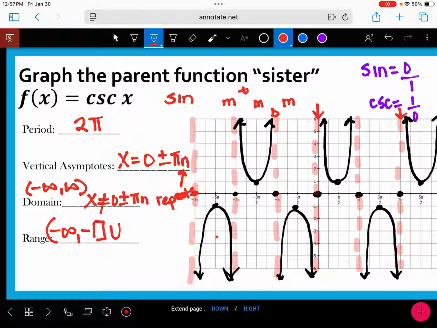So I put a U. Hold on, that bracket is bothering me. Okay. So I put a U, that means union. For my smiles, the bottom is 1 and it goes up forever.